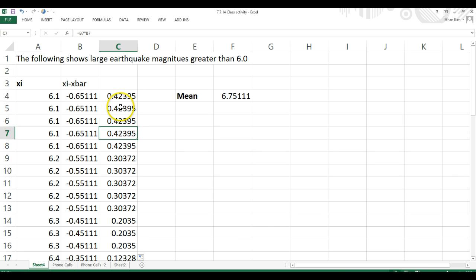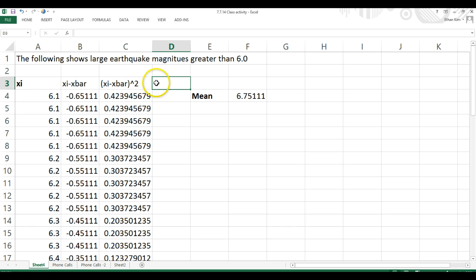And again, if you look at the formulas here, you see that these are all correctly formed. Excel is very smart. So this says xi minus x bar to the second power, squared.